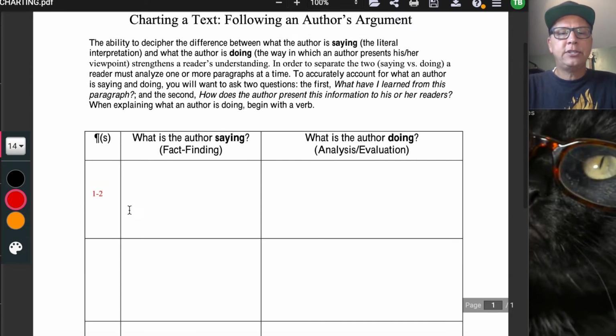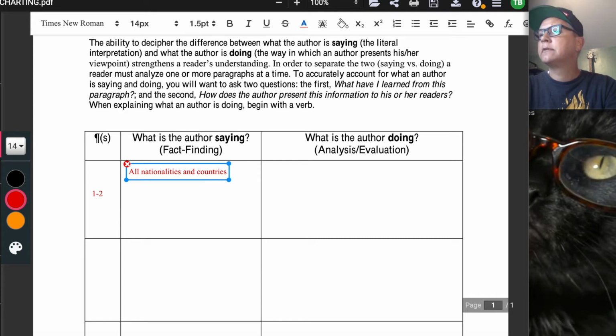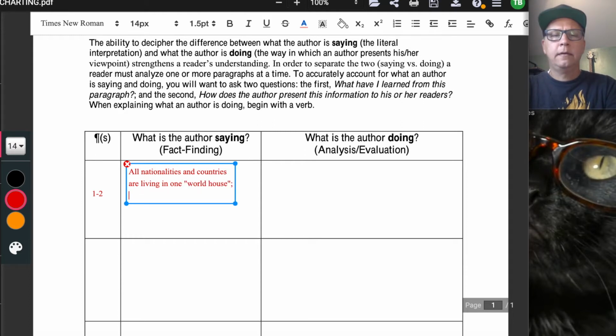And so in a basic summary, what is this author saying? I would put in my own words, he's probably saying something like, all nationalities and countries are living in one world house. They have to learn to live in peace.